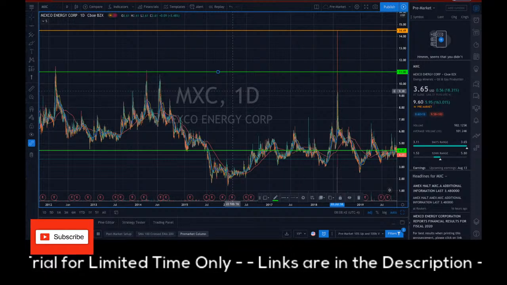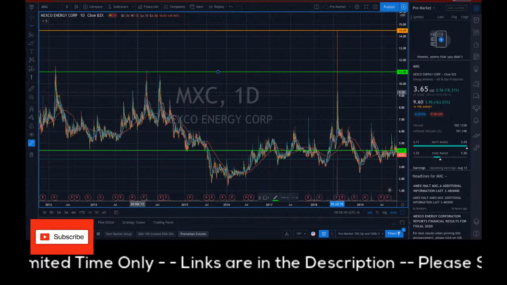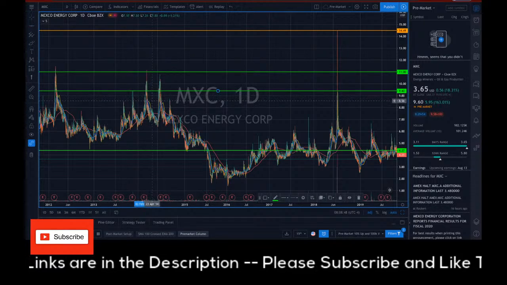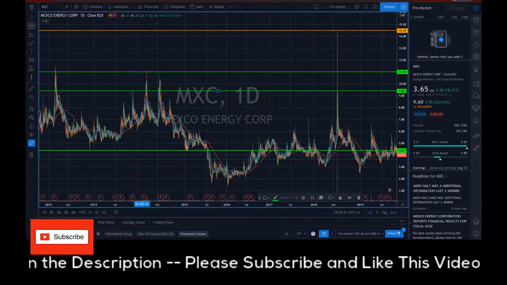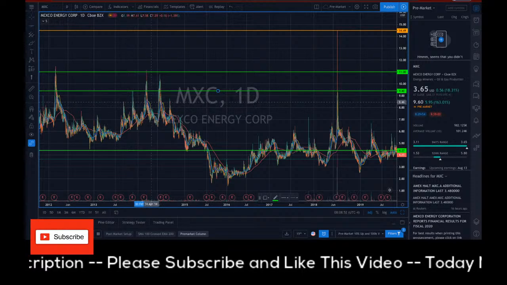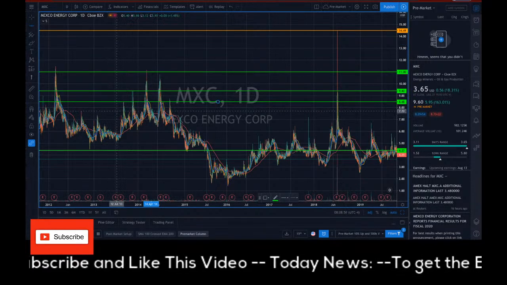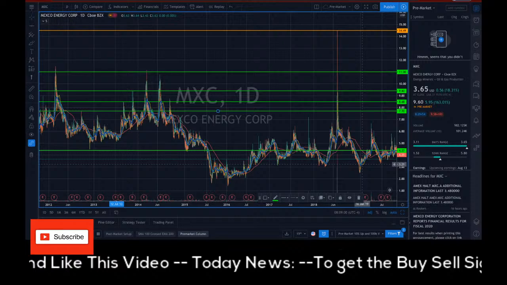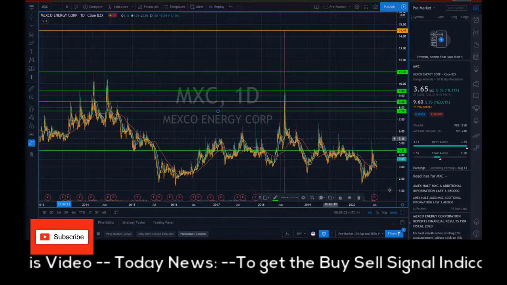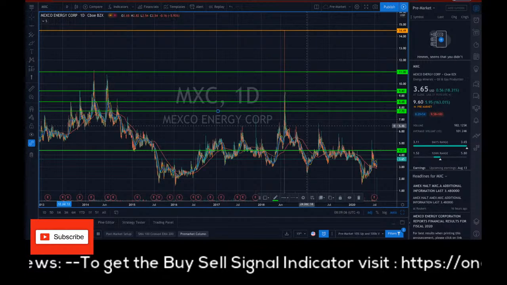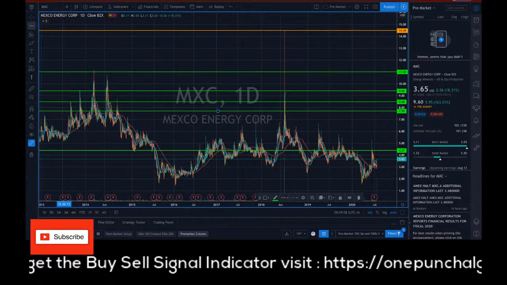There's one at 938, 856. I want to mark all the obvious resistance levels for this stock first. So 770, and then this one here seems to be a resistance level as well.